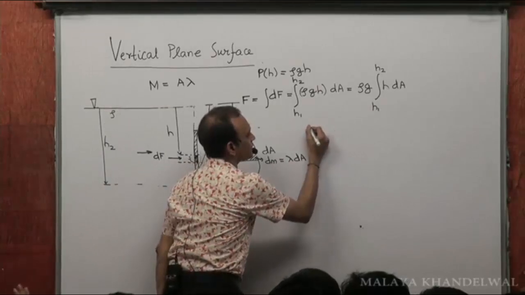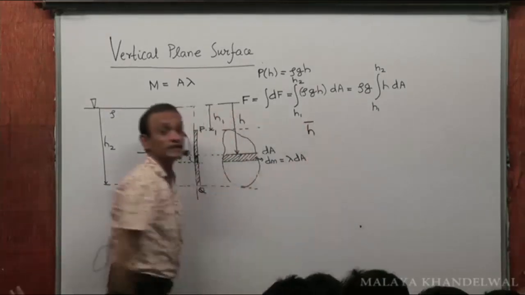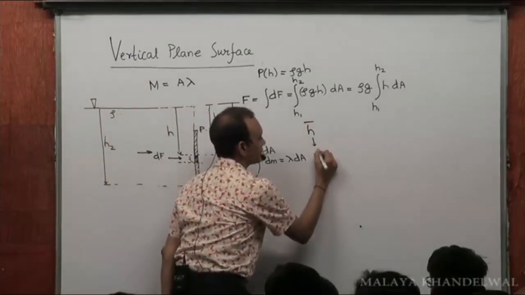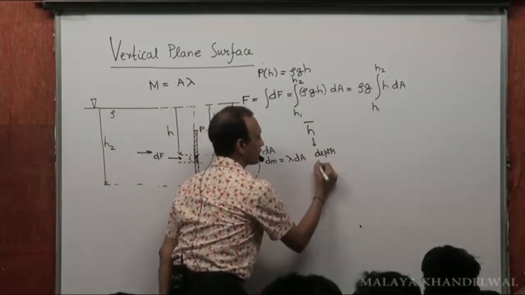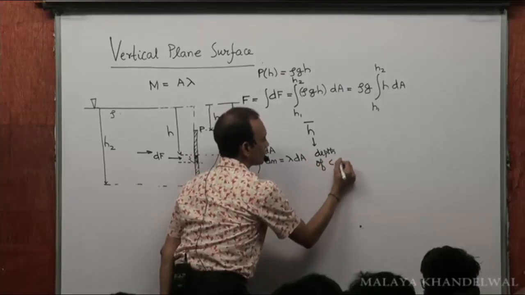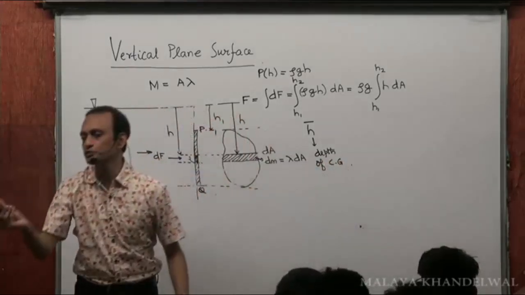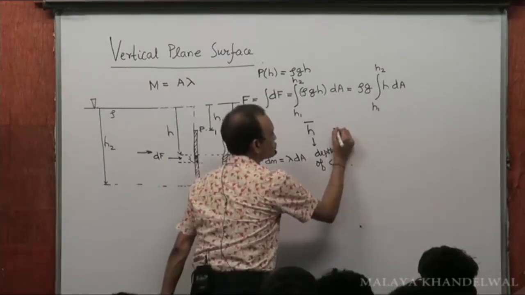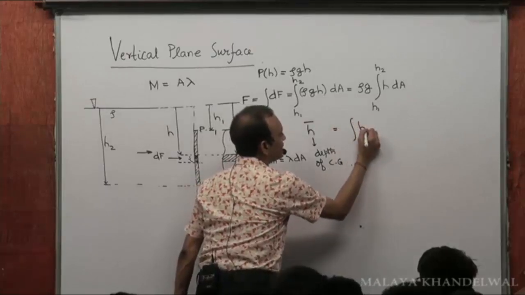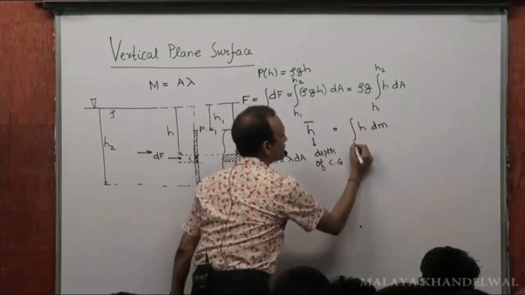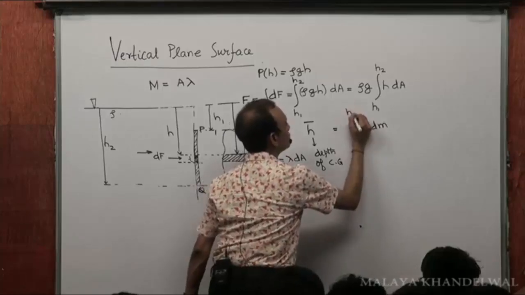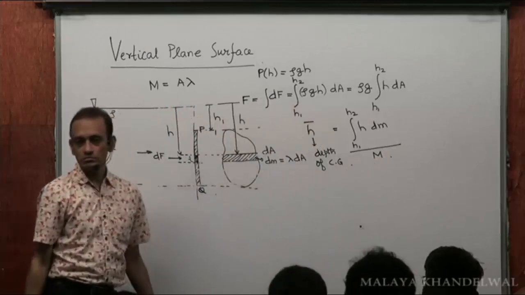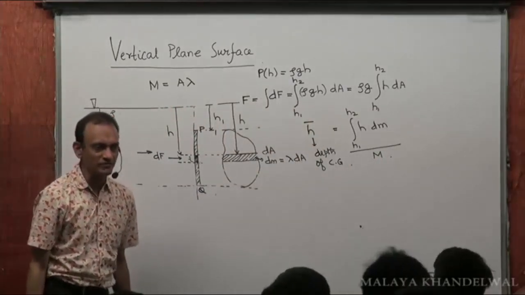I'll take h bar, which is the depth of the center of gravity, which in this case matches with the center of mass as well, right? That's going to be integral h dm, h running from h1 to h2, divided by the total mass. That's the depth of the center of gravity by definition.